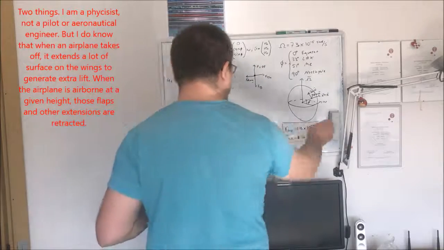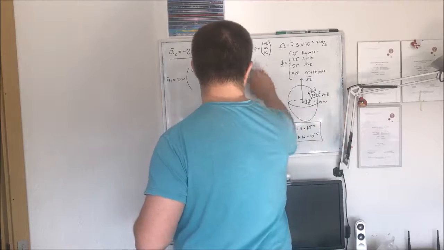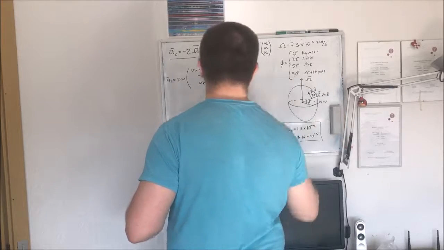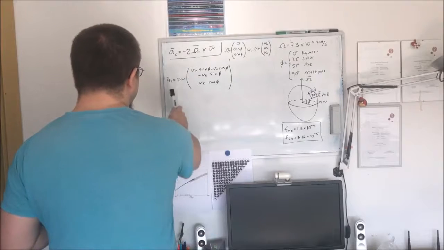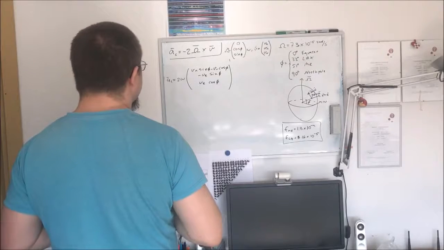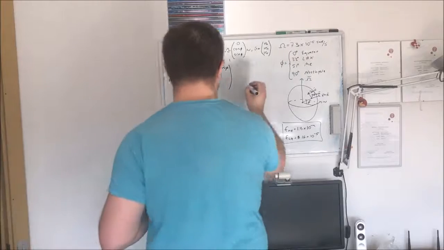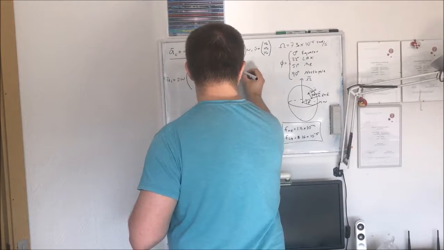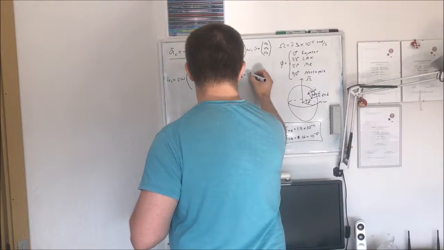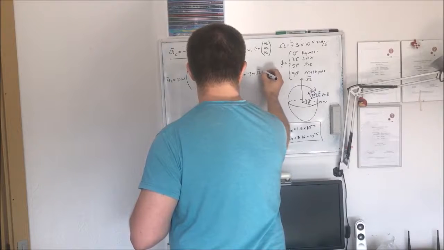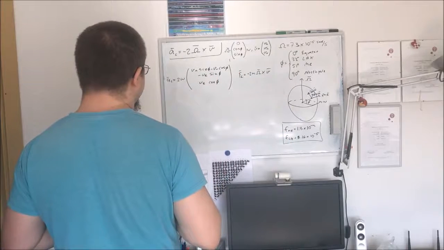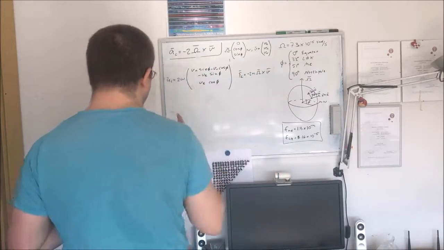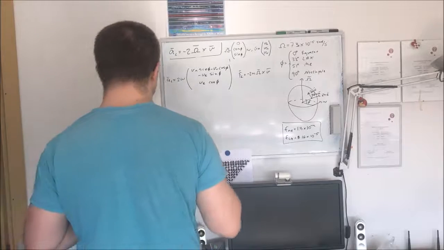So let's look at some values for an airplane. First of all, notice that this is an acceleration. So if I wanted the Coriolis force, I could simply just make it 2m omega crossed v. Then we have the force. I actually just put an m in with it here.